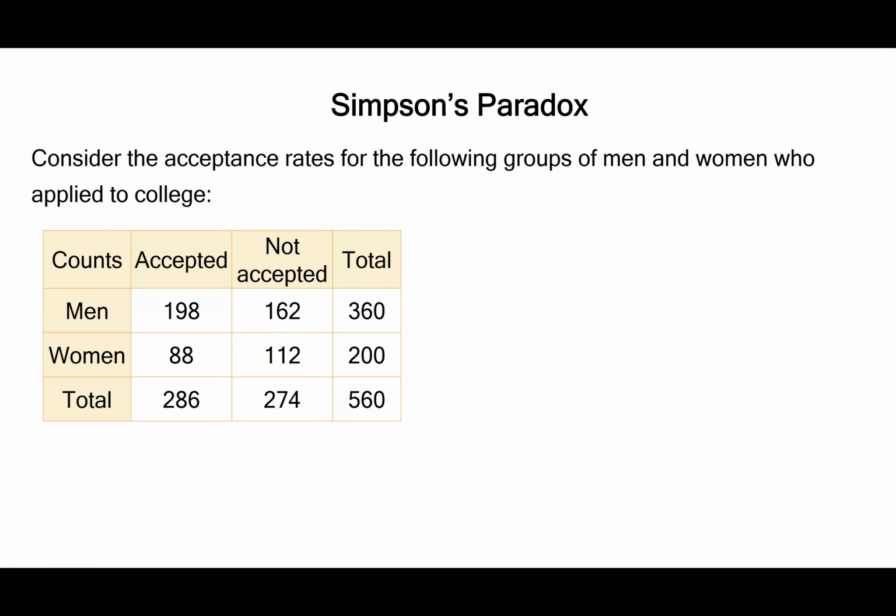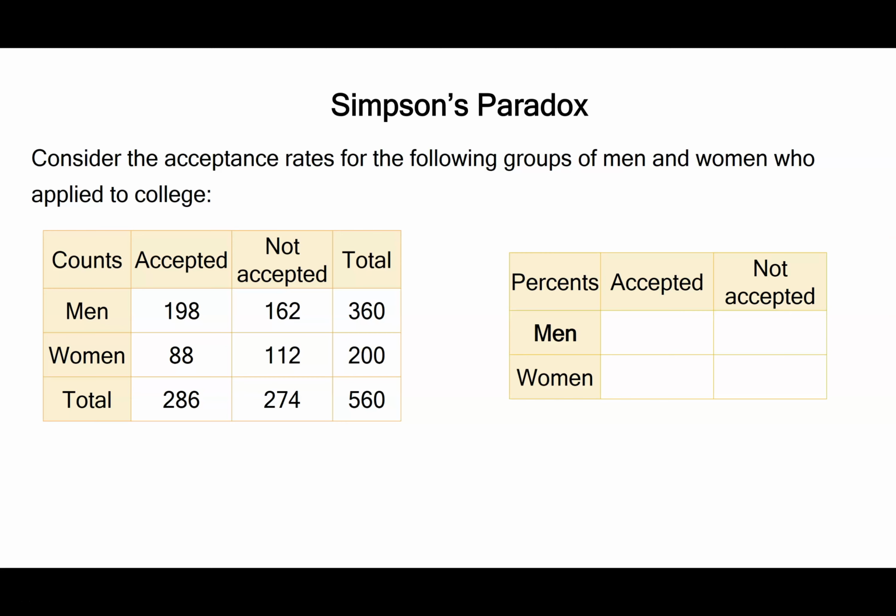And based just on what we see here, we saw 198 men out of 360 men accepted, which is 55%. So 55% of men that applied at this college at this time were accepted. 162 out of 360, which is 45%, were not accepted.